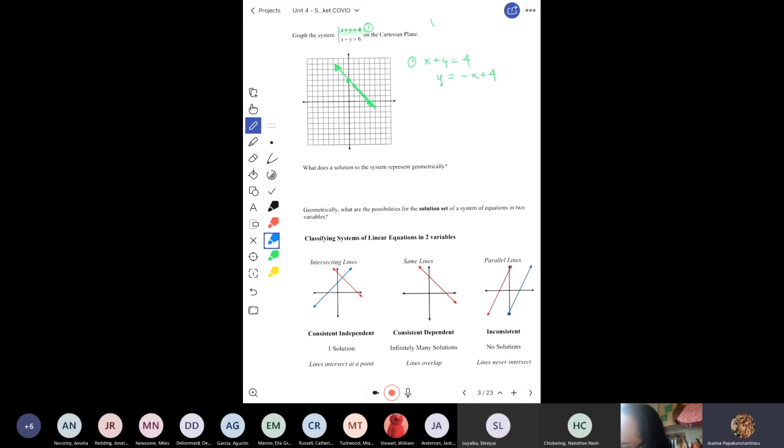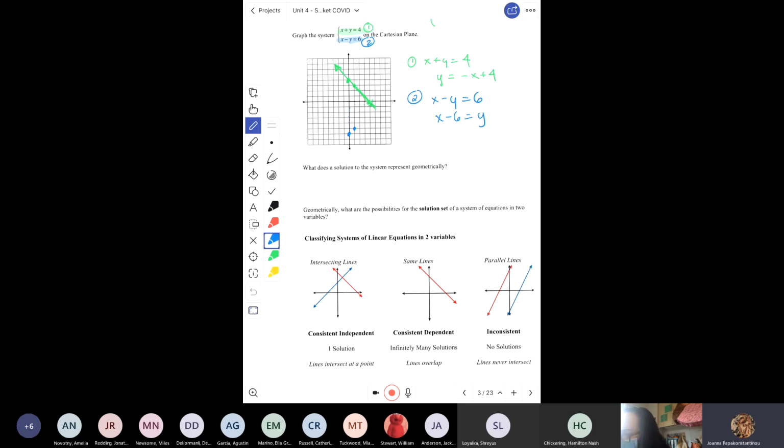Now let's graph equation 2. If I graph equation 2, I again need to put it in slope-intercept form. Okay, and what is my y-intercept? Beautiful. And from there, I'm going to rise and run the slope, which is 1.